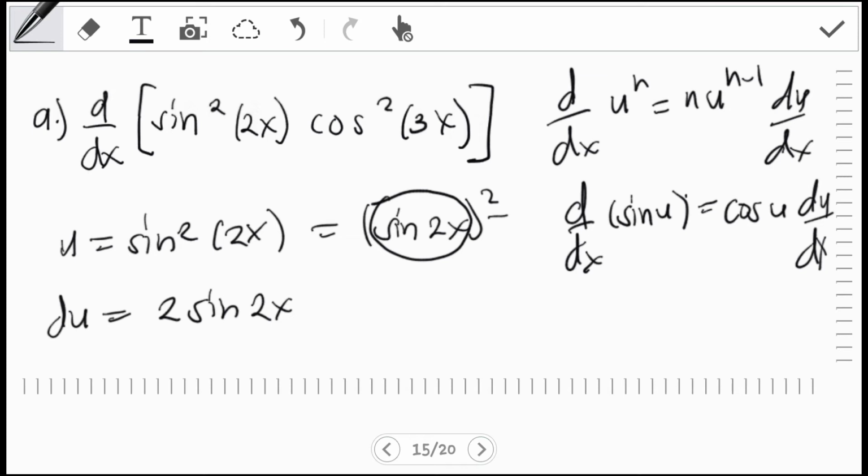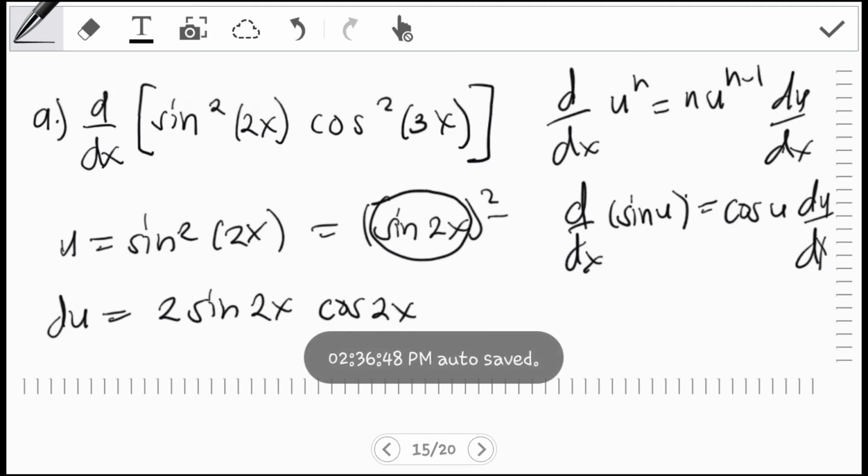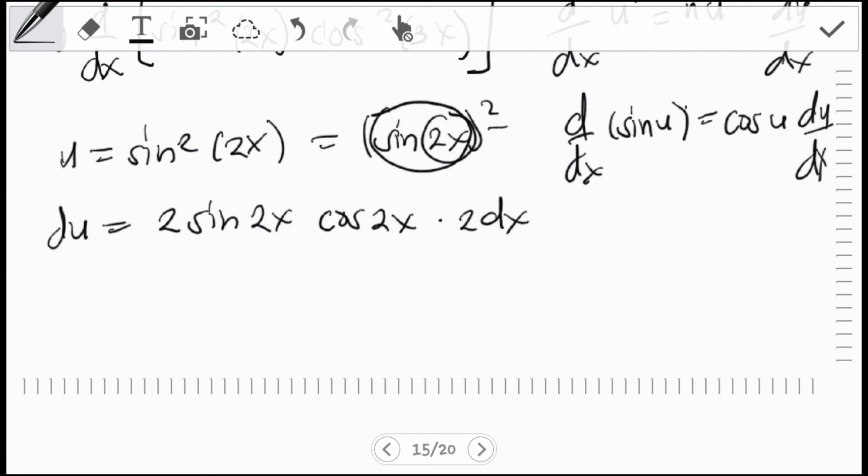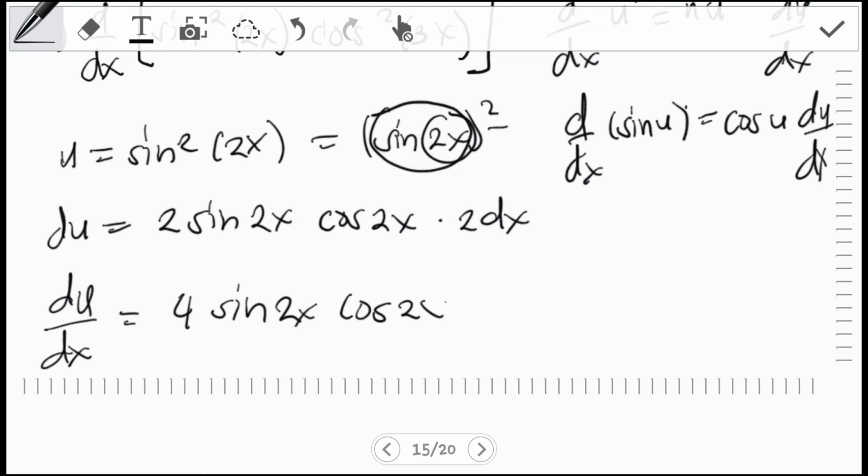So therefore, the derivative of sine 2x is cosine 2x, and then we differentiate also the 2x, which is 2 dx. Okay? So where du over dx is equal to 4 sine 2x cosine 2x.